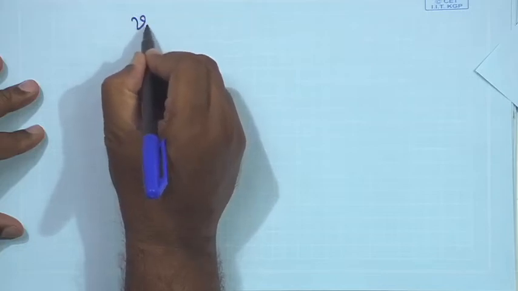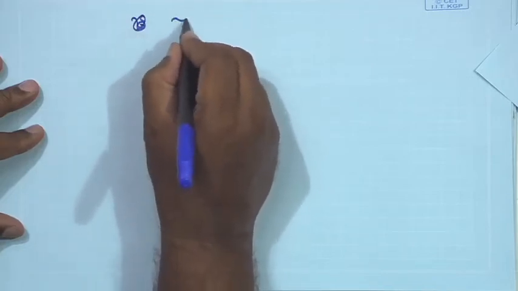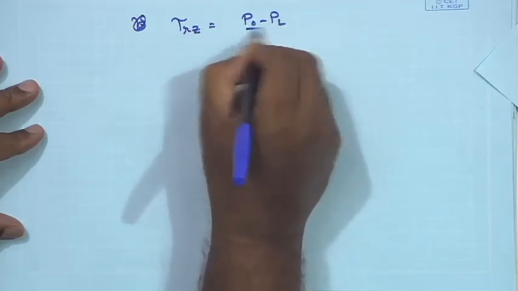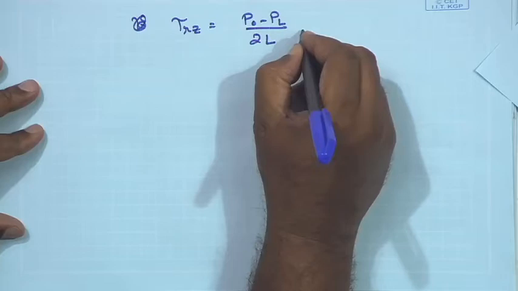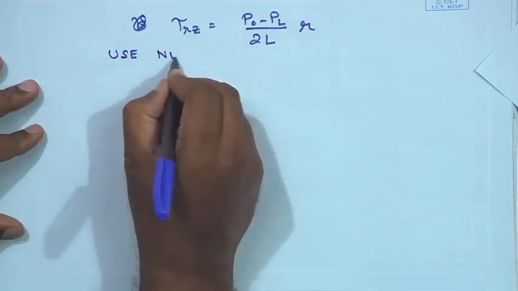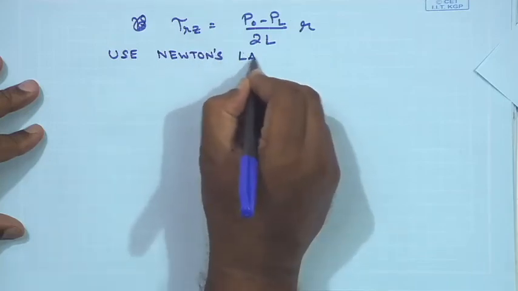So, once you do the integration from that point onwards, your tau Rz would simply now become P0 minus PL by twice L times r, and use Newton's law of viscosity.